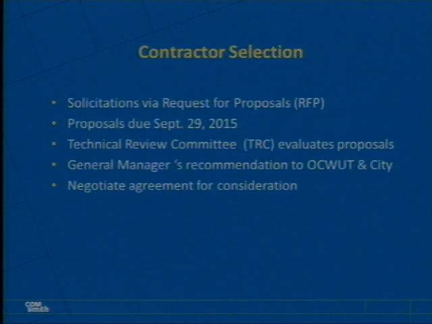We'll be selecting a contractor based on solicitations via the request for proposal that we're discussing today. Proposals will be due September 29, 2015. Prior to the proposal time, the proposers will have a chance to attend 2 pre-proposal meetings in which they'll be allowed to ask some questions and we'll provide them information. They will also have a significant amount of time in which they can visit the facilities and check the facilities for themselves.